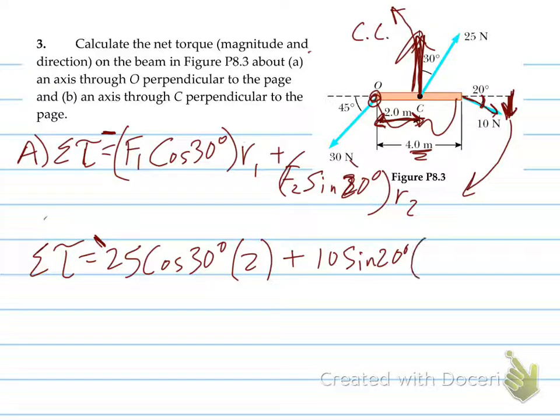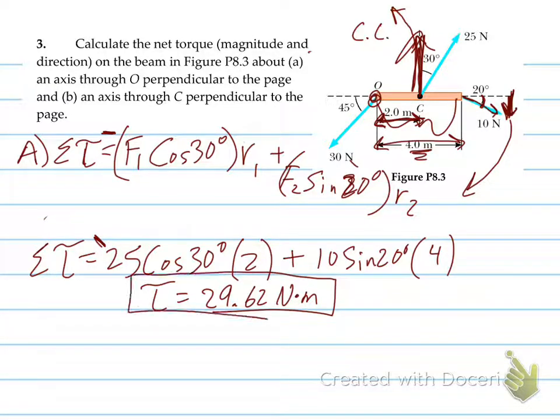And then don't forget to multiply that by its distance away from the point of rotation, which is that 4 meters. When you punch all of that in, you get 29.62 newtons times meters. And so that is your first one.